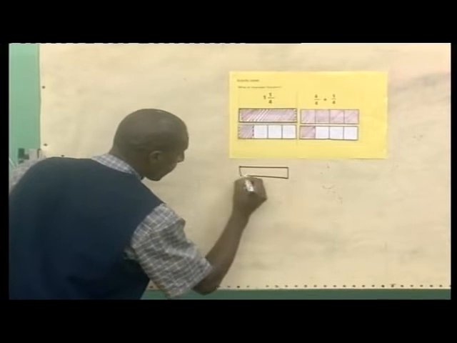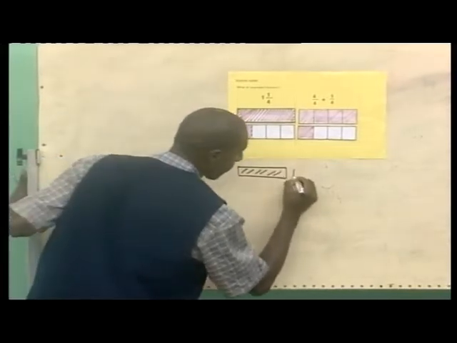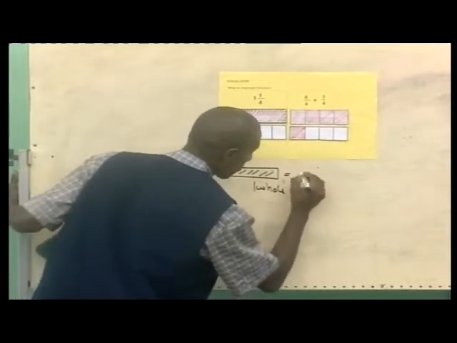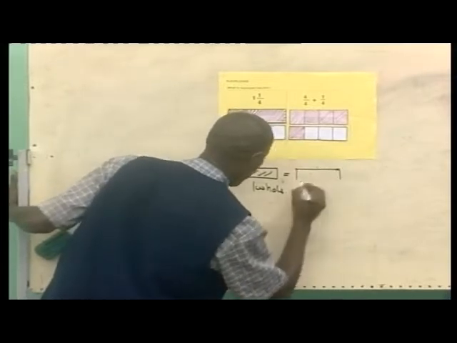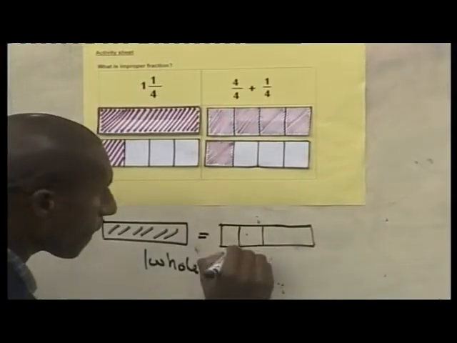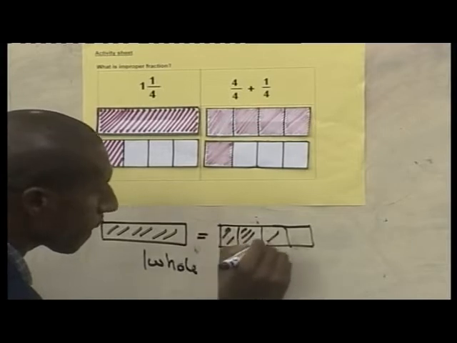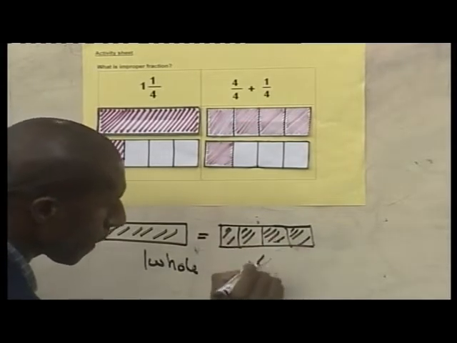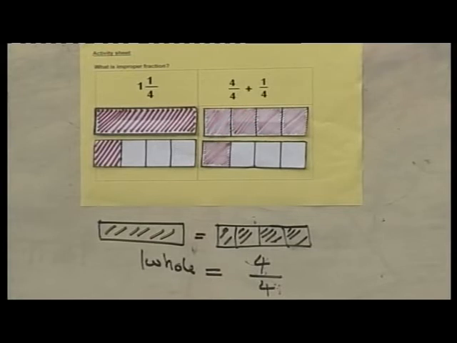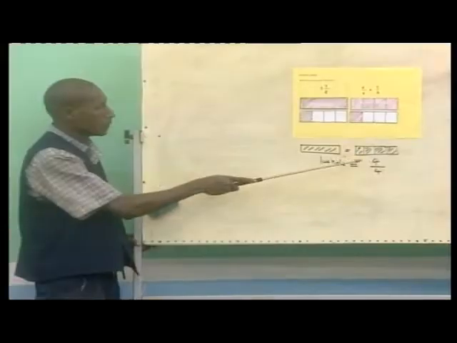So, class, one whole is equal to 4 equal parts of 4.